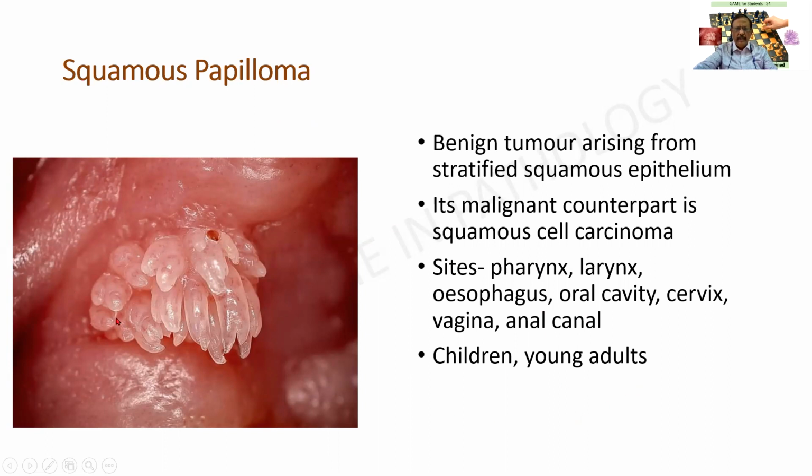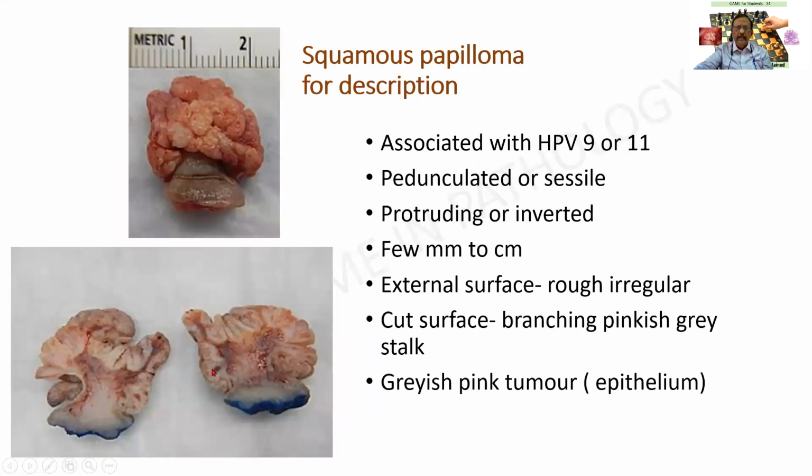This is a small sea anemone-like structure that is adherent to the surface epithelium. It is hardly a lesion that will be crossing about 2 centimeters, associated with human papilloma virus 6 or 11.